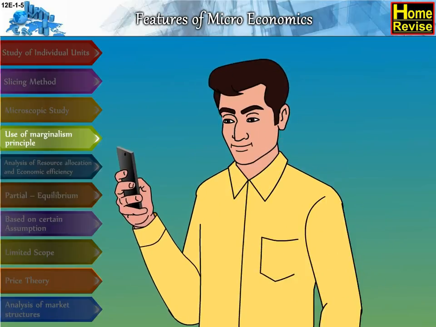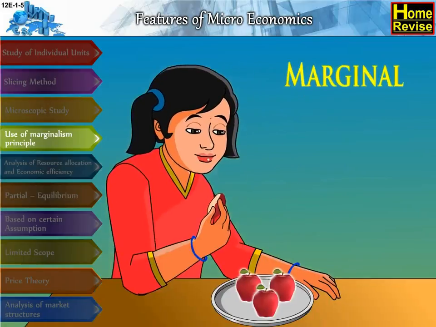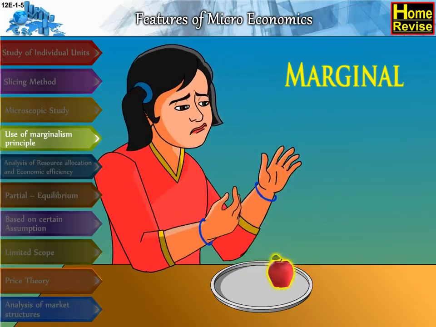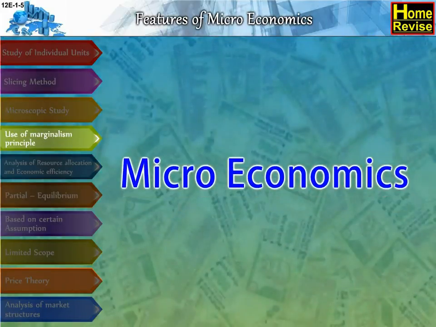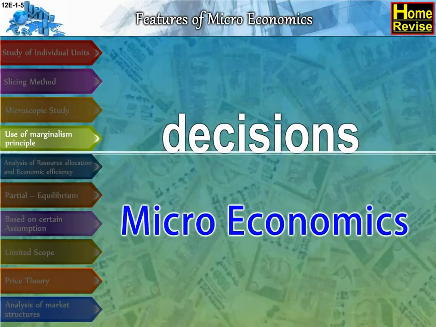This decision is based on margin. Thus, margin means the value of how much additional utility will be provided by that extra unit. All important microeconomic decisions are taken at the margin.